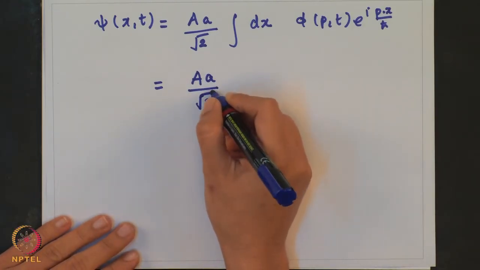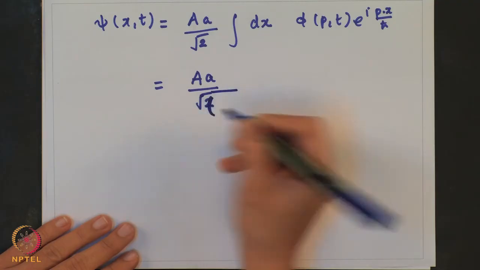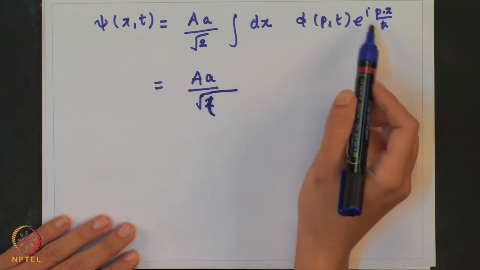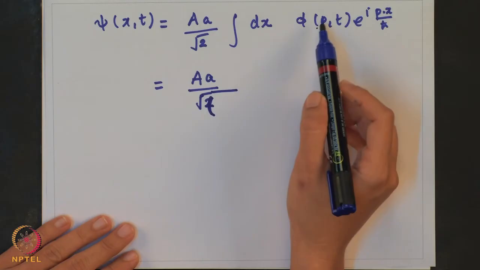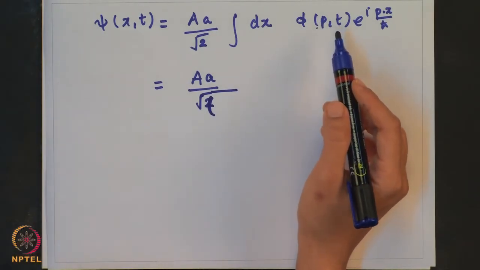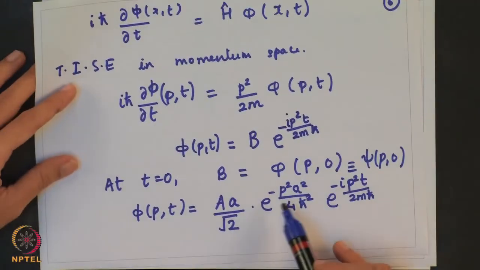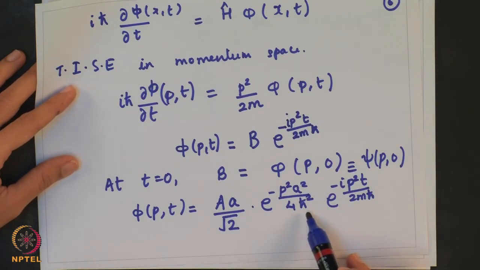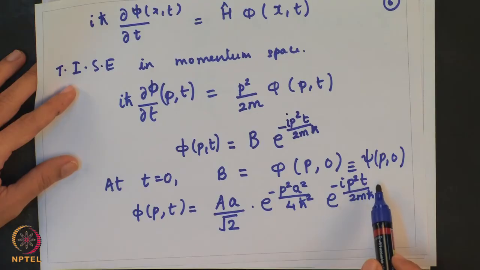let me write it here. From this I will get the p squared a squared term, and the term minus p squared a squared upon 4 h cross squared.